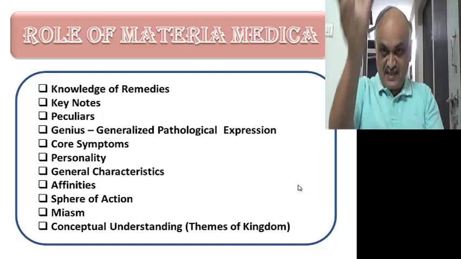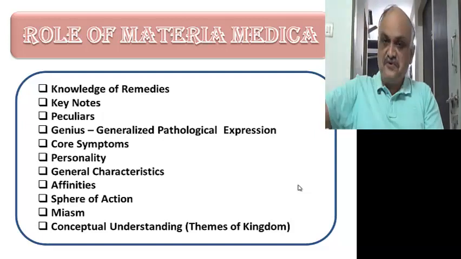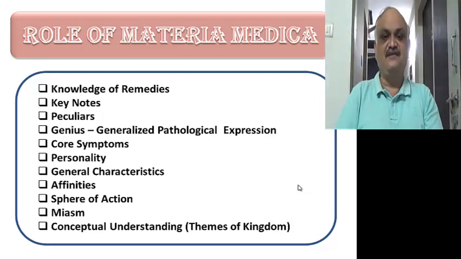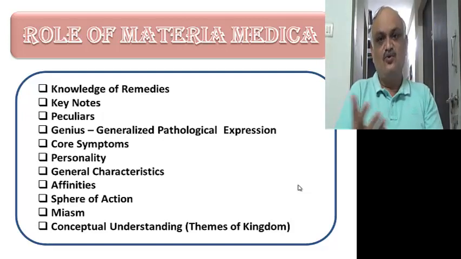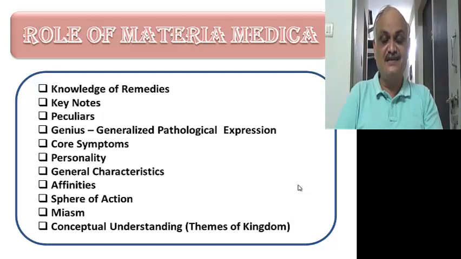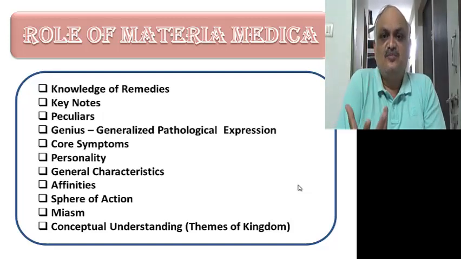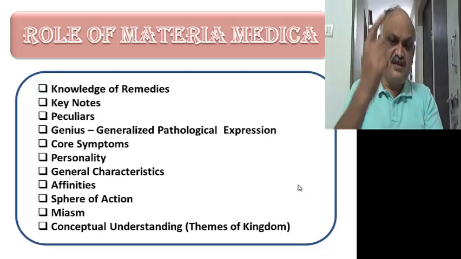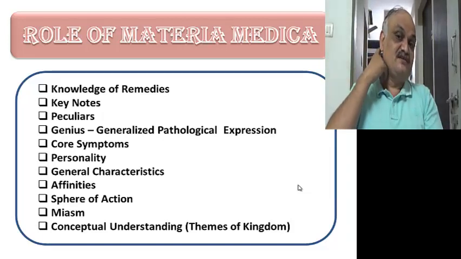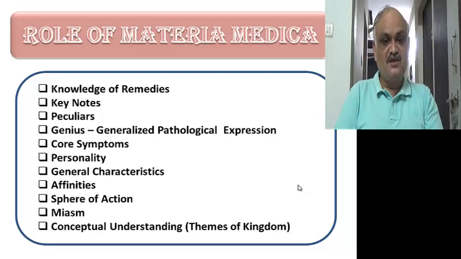Like we have in the chart a few remedies, and we have to find which remedy has intense burning. Are you getting it? Now there are core symptoms in each remedy. Then the remedy has a personality; many remedies have their own personality. Each thing we are going to understand separately, so don't worry.